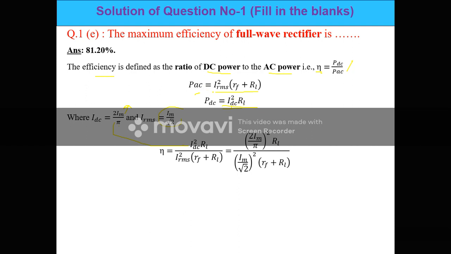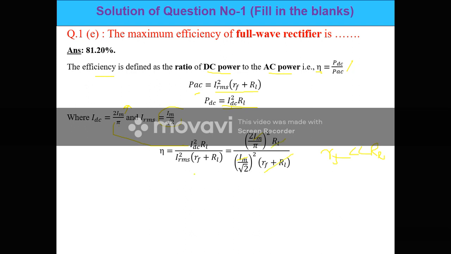In place of IRMS, its value is Im by root 2, whole square, into (RF plus RL). Now we cancel the Im squares, and RF will be much less than RL, so this also cancels.